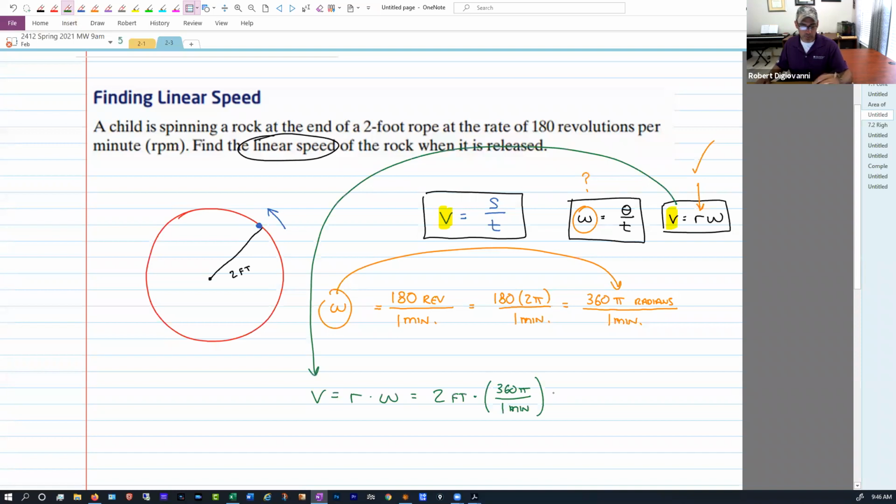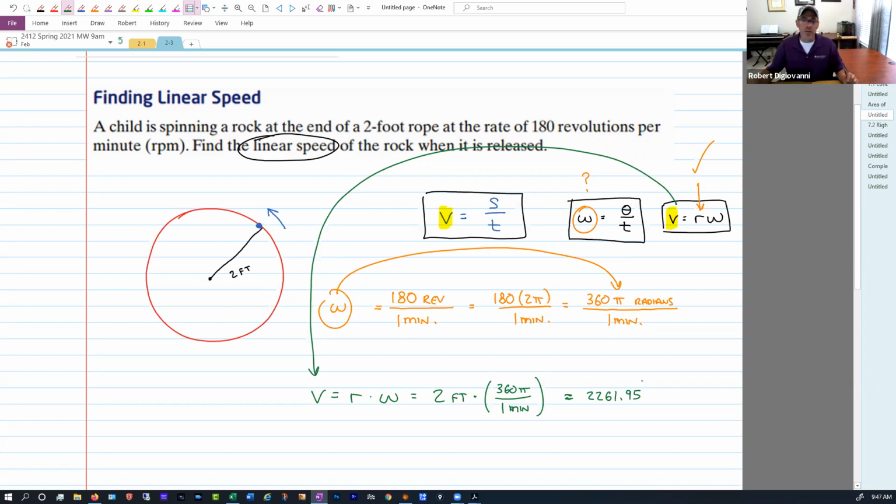And then just multiply straight across: 2 times 360 times pi. So I get approximately 2261.95, rounding to 2 decimal places.